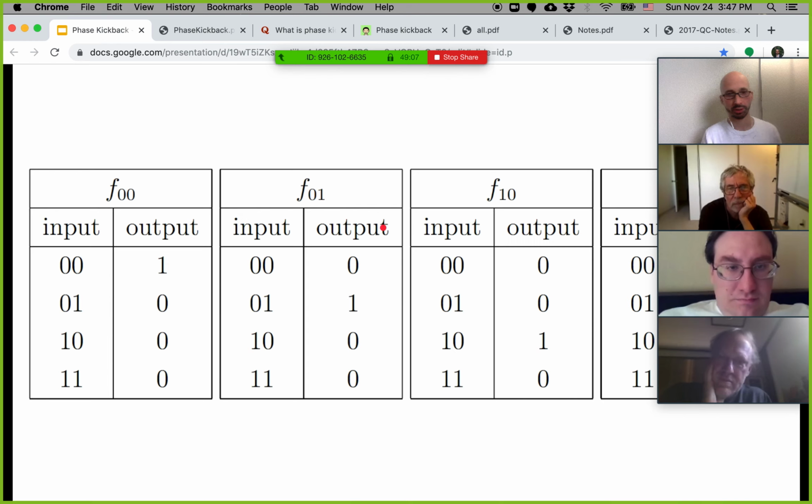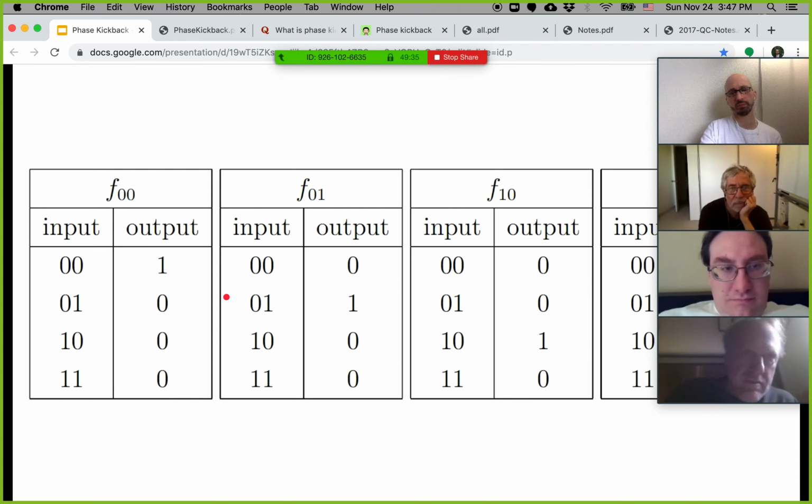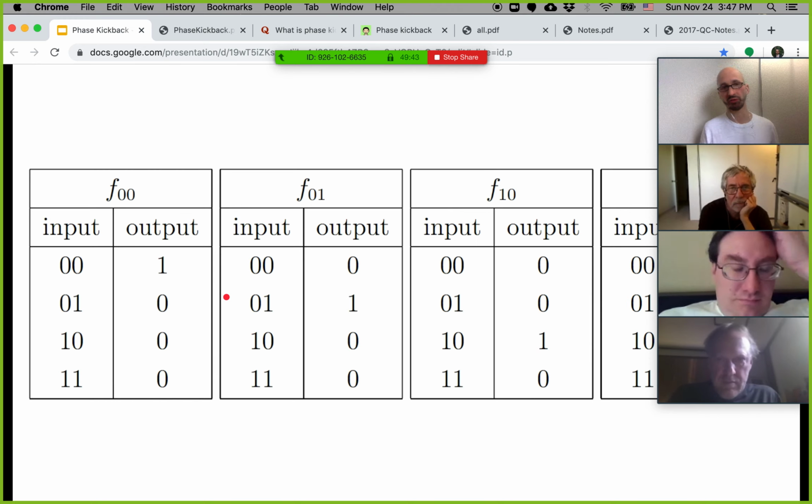Okay, so the problem here is this function f. Function f takes two inputs, 2 qubits, and it outputs 1 qubit, or bit maybe. There are many functions like that, 16 I guess, but we restrict ourselves to only those 4 functions. That's an artificial constraint.